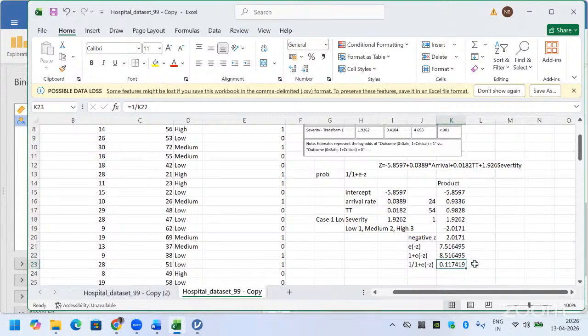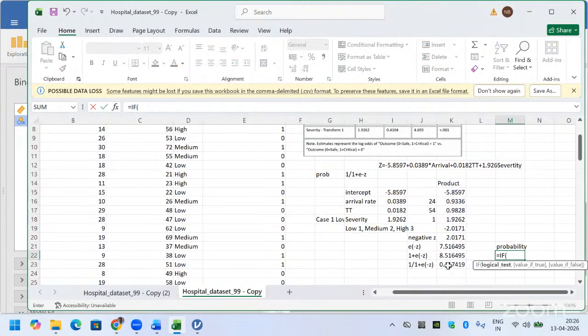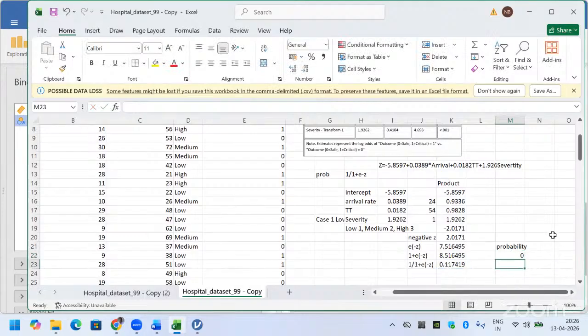So I'll make the output, or probability, equal to 0 if this value is less than 0.5, otherwise I'll make it 1. And the outcome is mentioned here.